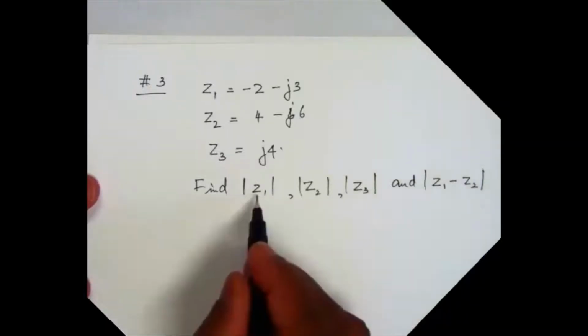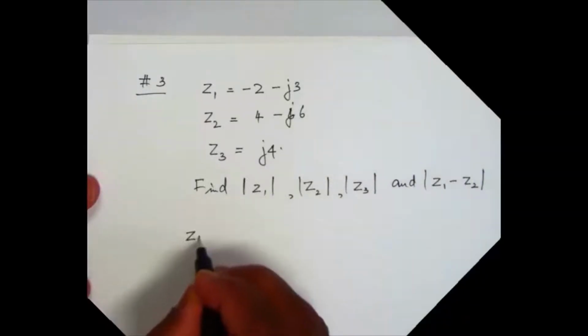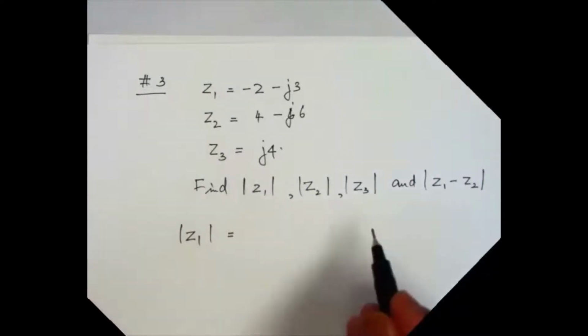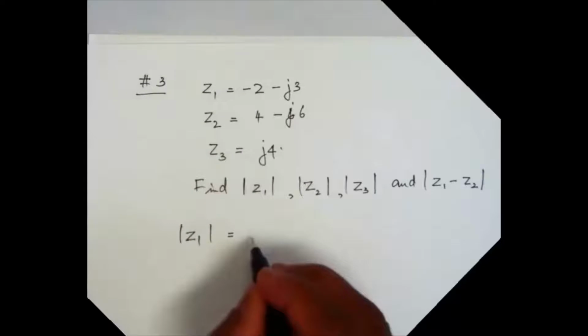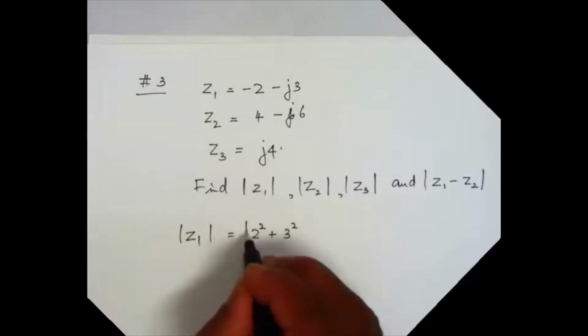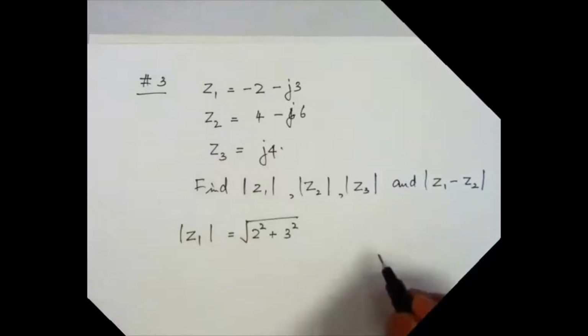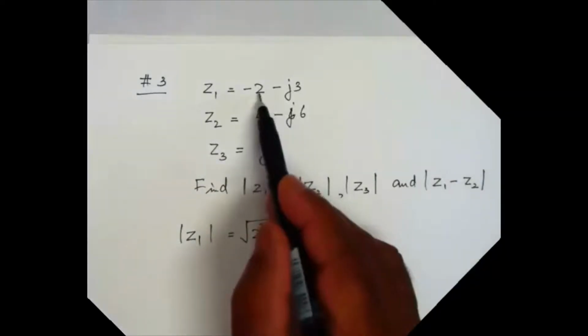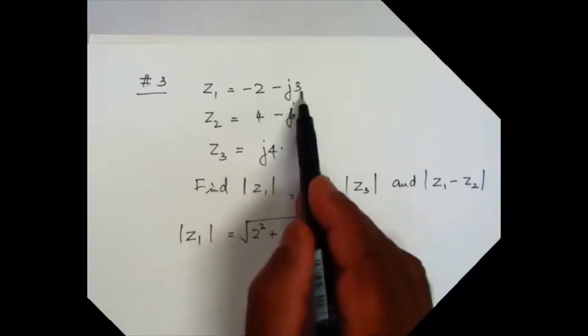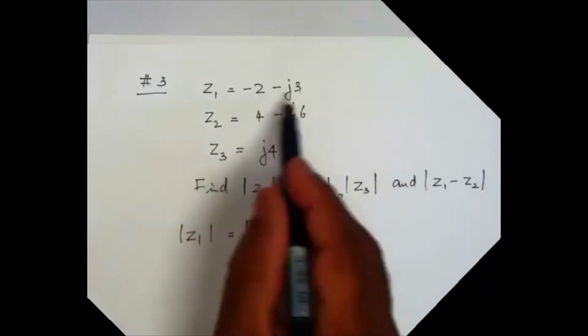So let's find the modulus of Z1. That is simply the square root of 2 squared plus 3 squared, because here that's the real part, that's the imaginary part. We take only the magnitude, we disregard the sign there.